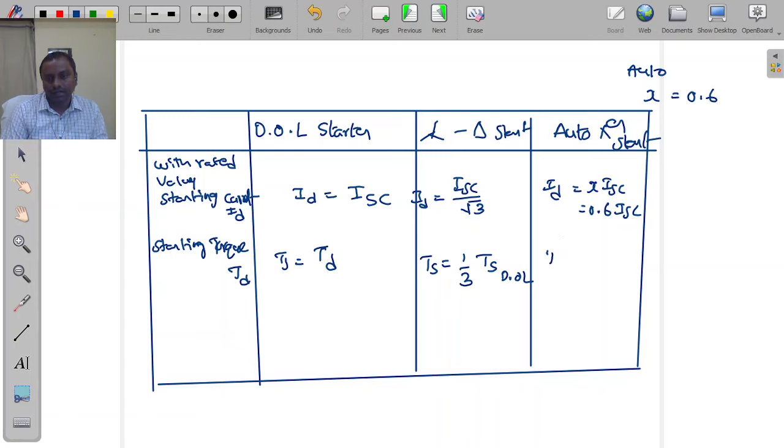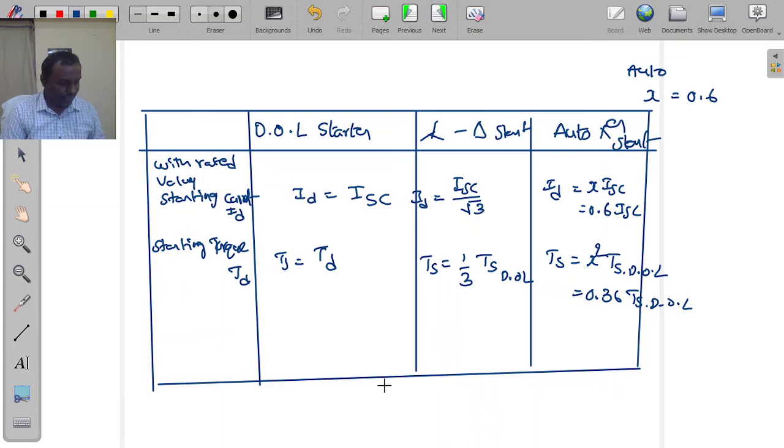Here in auto transformer, starting torque will become X square times starting torque with the DOL. Here X is 0.6, 0.6 whole square is 0.36 times the starting torque with DOL.